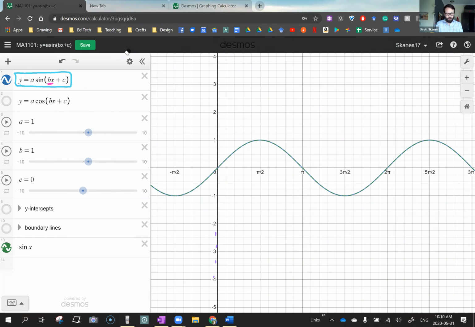Let's mess with C. What do you think C is going to do? It's called displacement. What do you think that means? What was a time where we had a shift before? Anyone have any ideas? It can move it right to left, like this. Left and right, yeah, exactly. It won't move it up and down because you can see it's in with the X value. So it's going to move it left and right, just like we expected before.